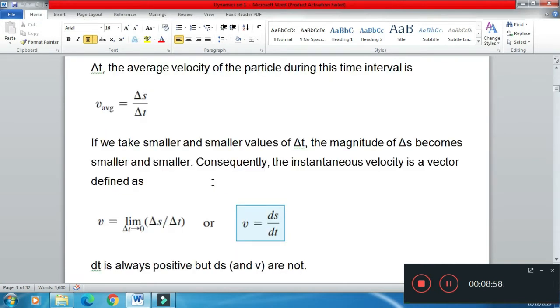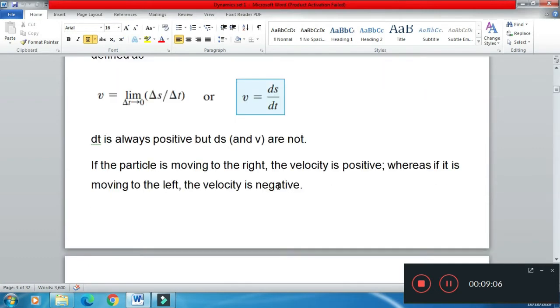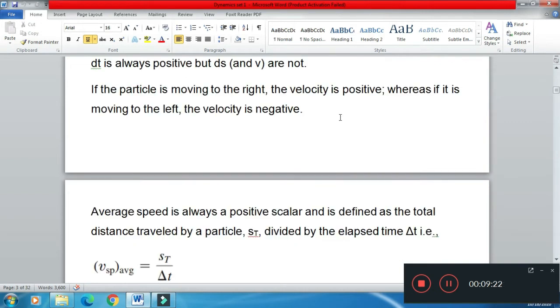So instantaneous velocity is also a vector and it is written as ds over dt. So here dt is always positive, ds and v can be negative depending on the motion of the particle. If the particle is moving towards right, the velocity will be positive.